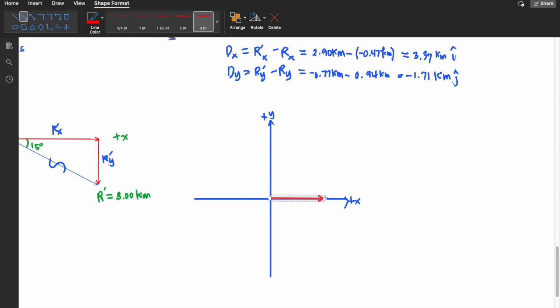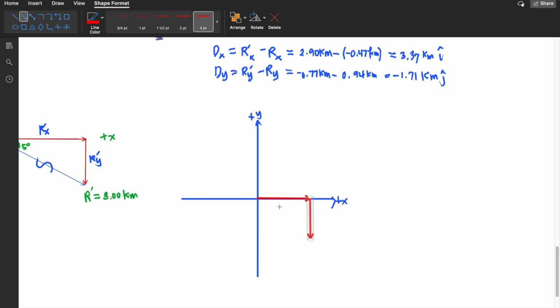Yes, it's downward. Lastly, your d vector is lying along the fourth quadrant.